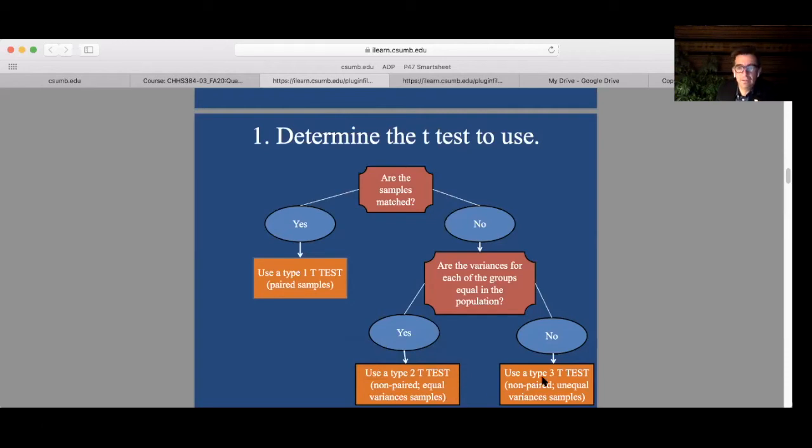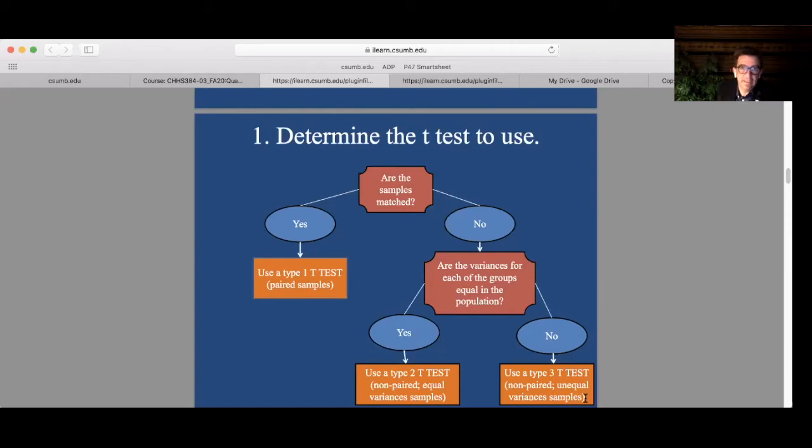And if you think they are not equal, right? You think there's probably more variation in male GPA than in the female GPA, then you would use unequal variance samples. Now, in the old days, this used to be a big issue because there's a little bit of difference in calculation, as we will see later.